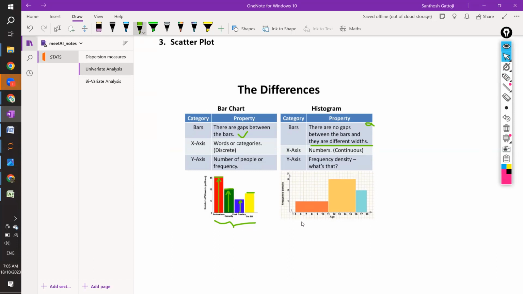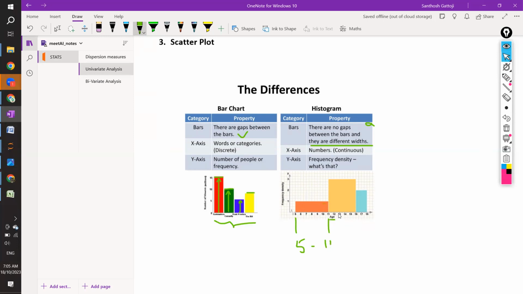But in a histogram, each bar is denoting one bin. This is bin 1, this is bin 2. So here the widths are very important, and there could also be different widths. Bin 1 is from 5 to 11 in the age column.